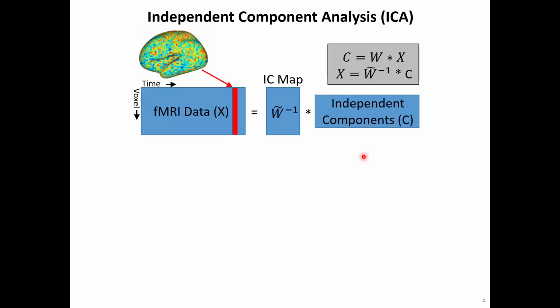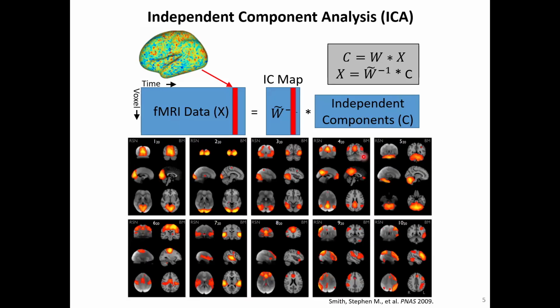What people found is that each IC map looks like a brain network. For example, if you look at this bottom figure, the left panel is the IC map from the resting state activity, and the right one is the activation maps during some specific task.